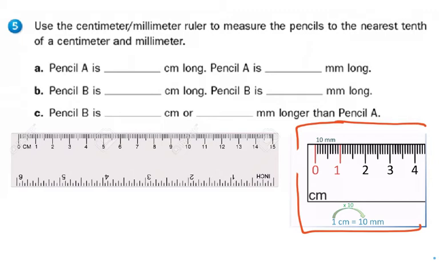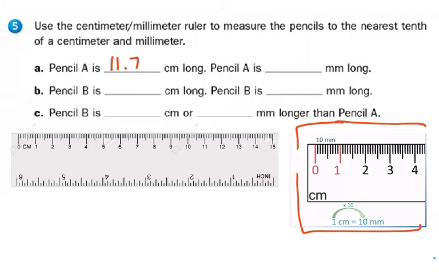So pencil A, if you line it up, go ahead and line it up next to number 1. It is 11 centimeters, and then let's count the little lines from 11. 1, 2, 3, 4, 5, 6, 7. It's 11 7/10 centimeters.